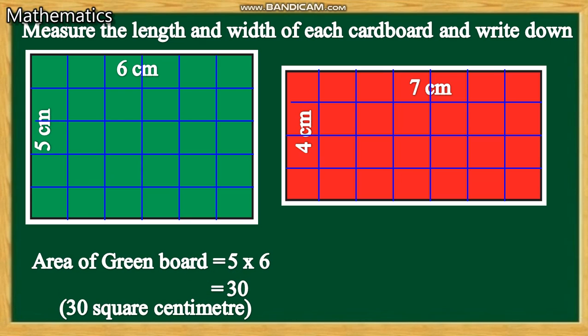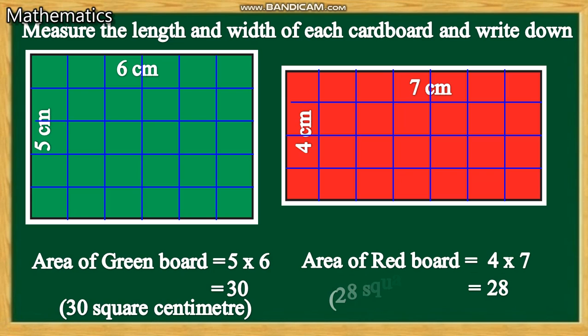In the red rectangle's case, the area of the red board is equal to 4 into 7, which is 28 square centimeter. Now can you say which one has more space? The green one has more space. Ready? Next.